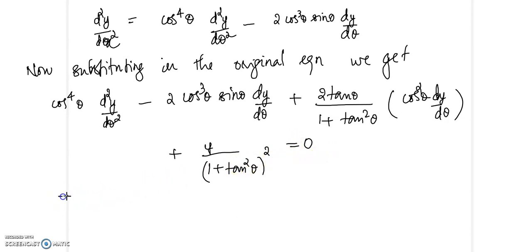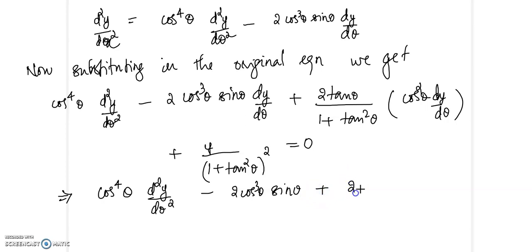So let us simplify the equation. So you'll get cos raised to 4 theta d square y by d theta square minus 2 cos cube theta sin theta dy by d theta, and here you will get 2.